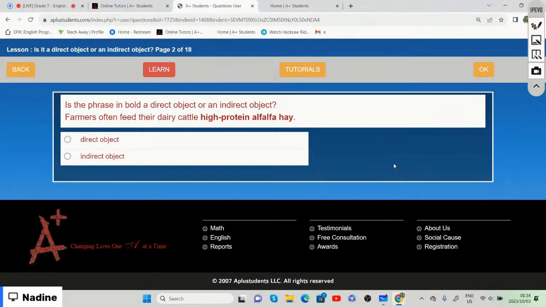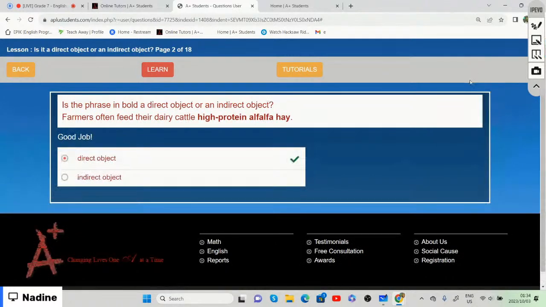If we select direct object or indirect object, then we will say it is a direct object. So we can say it's a direct object. And yes, direct object, well done. So if you selected direct object, then well done.